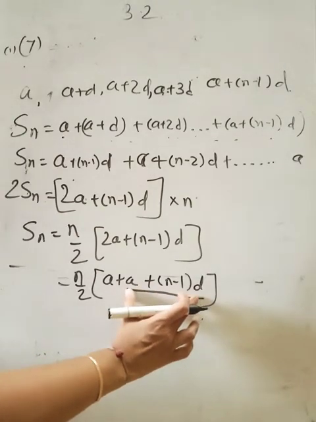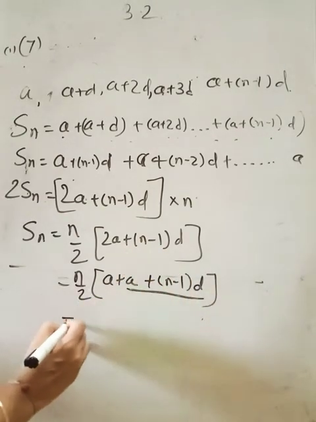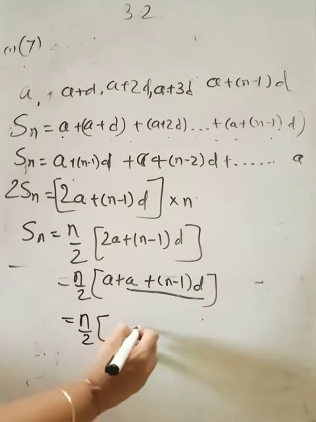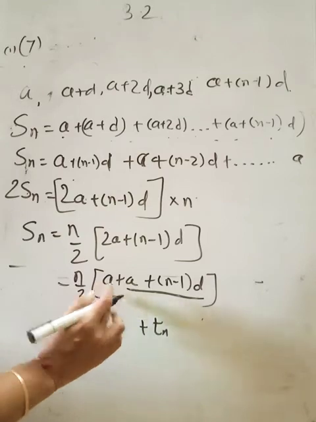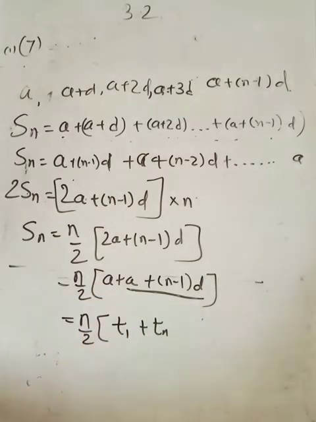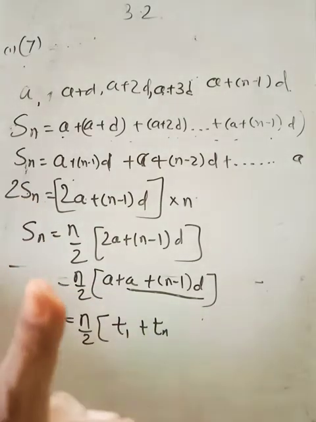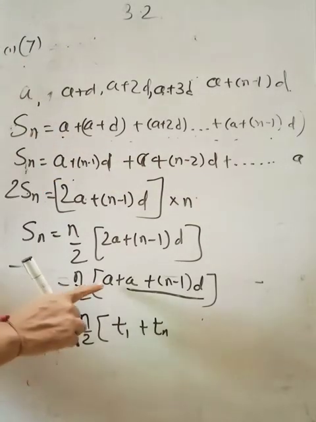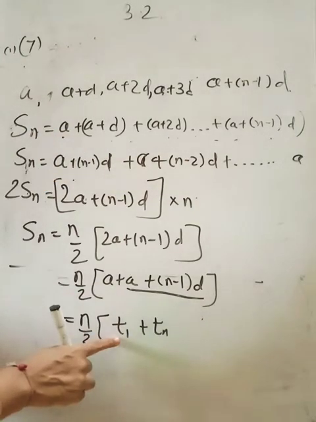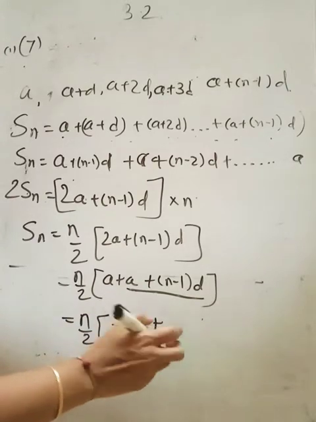What is a plus this? Tn. Yes. So n upon 2 Tn. Children, instead of 1 a, can I write down as T1? What is the first term? Yes, a is equal to T1, and this is the last term.